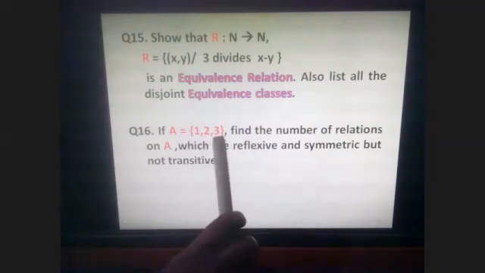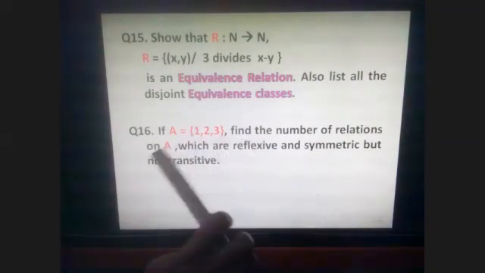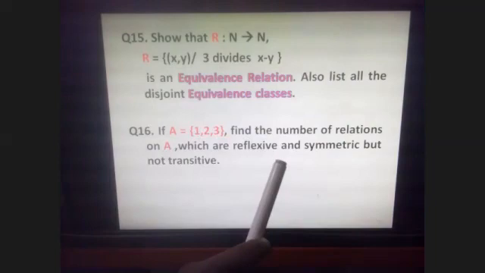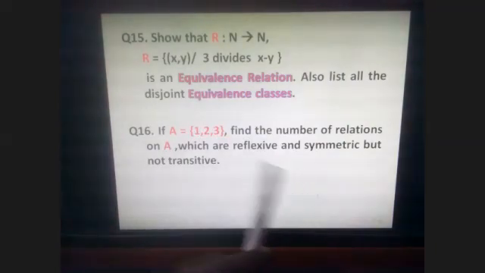A is equal to {1, 2, 3}. Find the number of relations on A which are reflexive, symmetric, but not transitive. In the previous question, some more condition was given, that is, we needed some extra element. Here, I need all possible relations on A which are reflexive, symmetric, but not transitive.